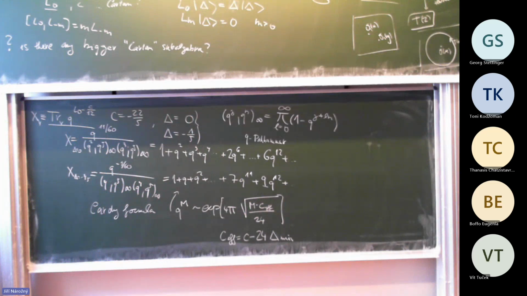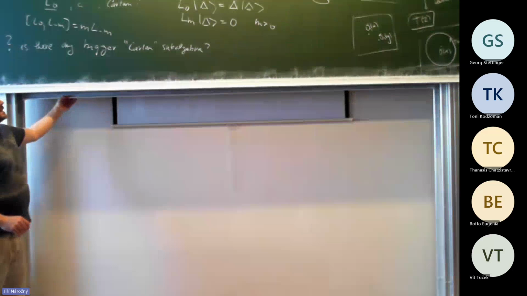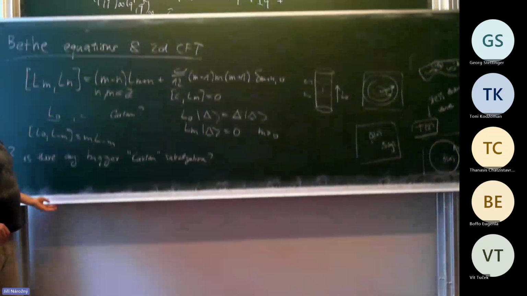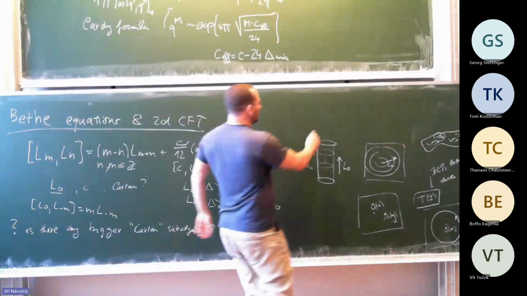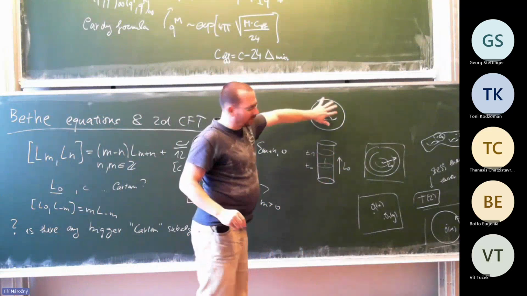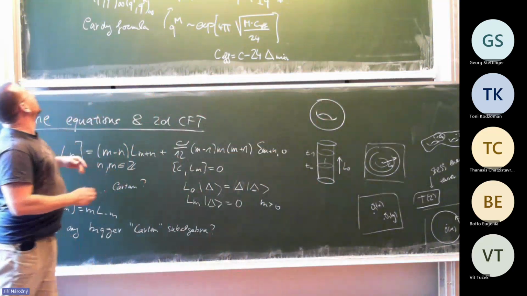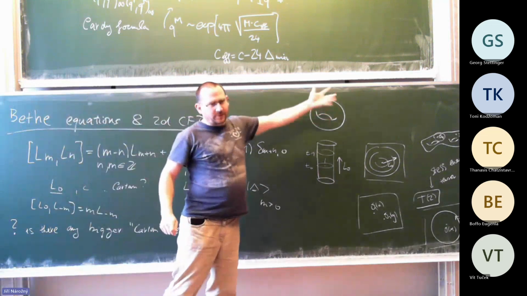Okay, and one way we would prove this type of formula is exactly to use this modular transformation property. So you can study the theory on a torus, where the complex structure of the torus is related to that parameter q, and then the limits q going to 0 or q going to 1 are related by the modular transformation.